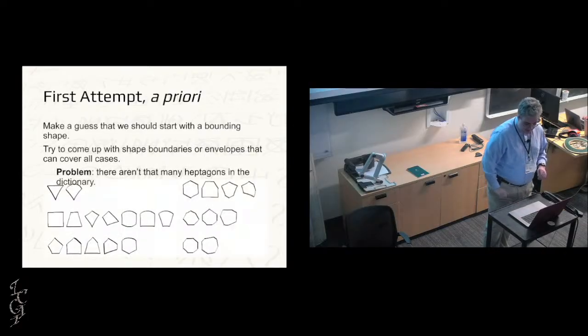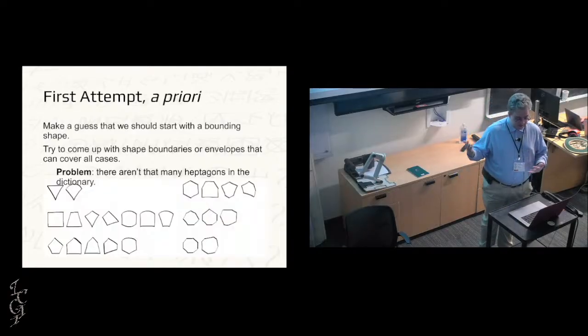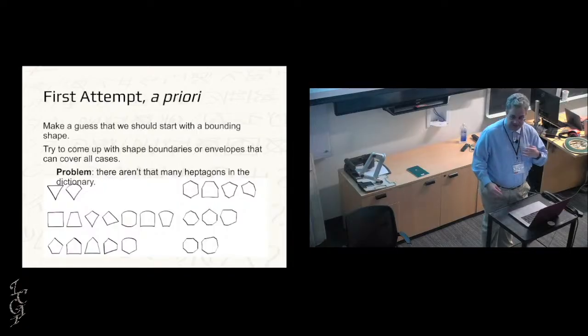And I came up with a reasonable set of bounding shapes that I thought might cover all categories, except it was totally unbalanced. There were far too many triangles in the glyphs I created, and far too few heptagons for this set of indices to make any sense.